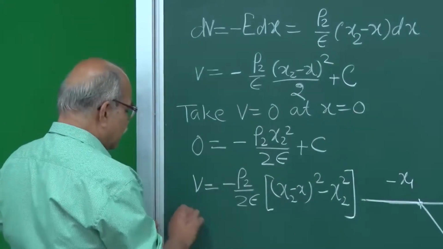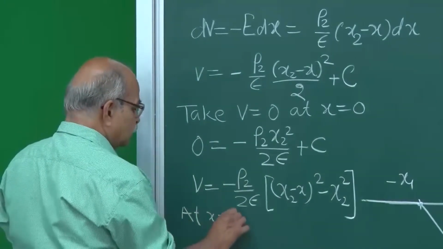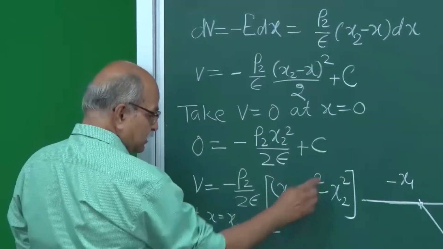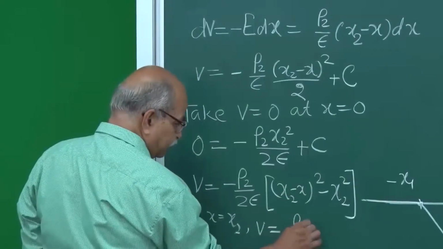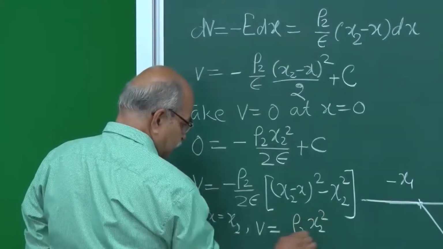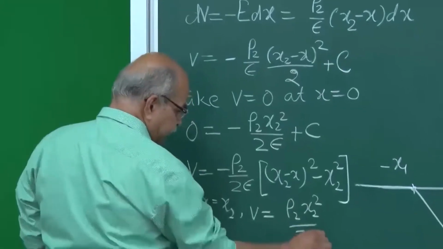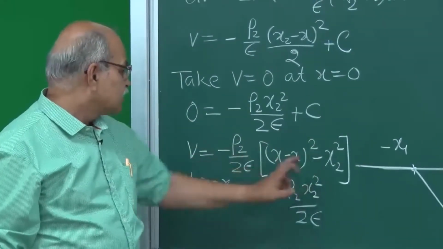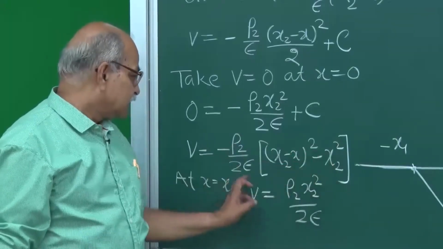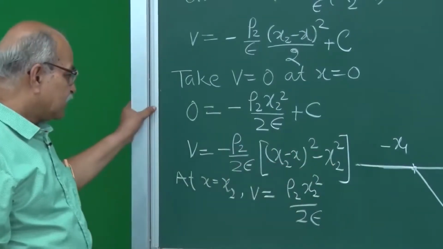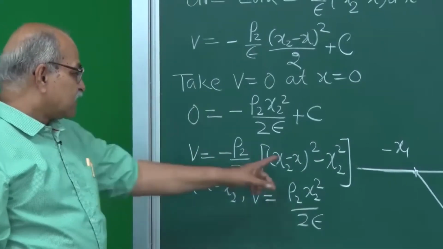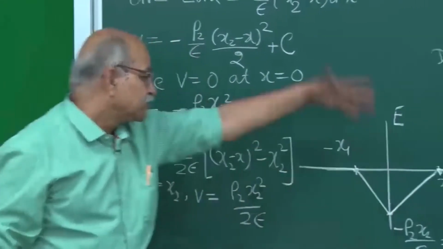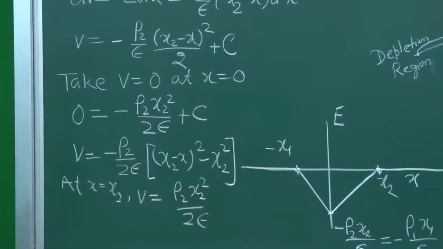At x equal to x2, this term goes out, so it will be rho 2 x2 square over 2 epsilon. You put x equal to x2, this is 0, and this is plus rho 2 x2 square by 2 epsilon. It's a quadratic function. It should be: if the electric field is linear, then the potential has to be quadratic.